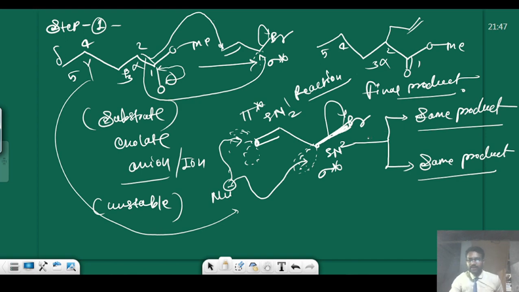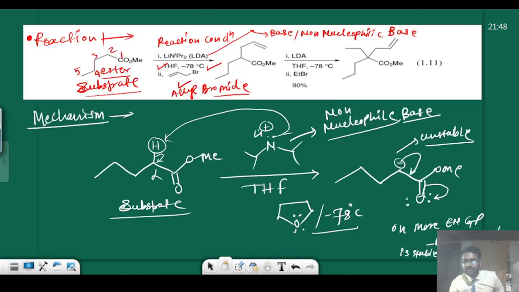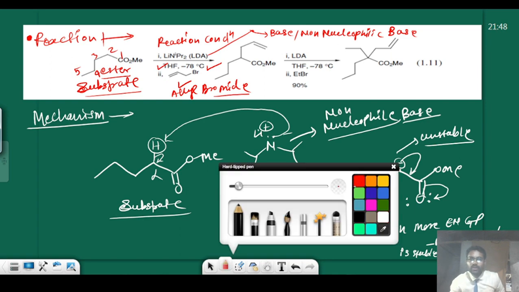Okay. Let us take this particular reaction. After doing this reaction, again in the presence of lithium diisopropylamide, we need to carry out a further reaction.